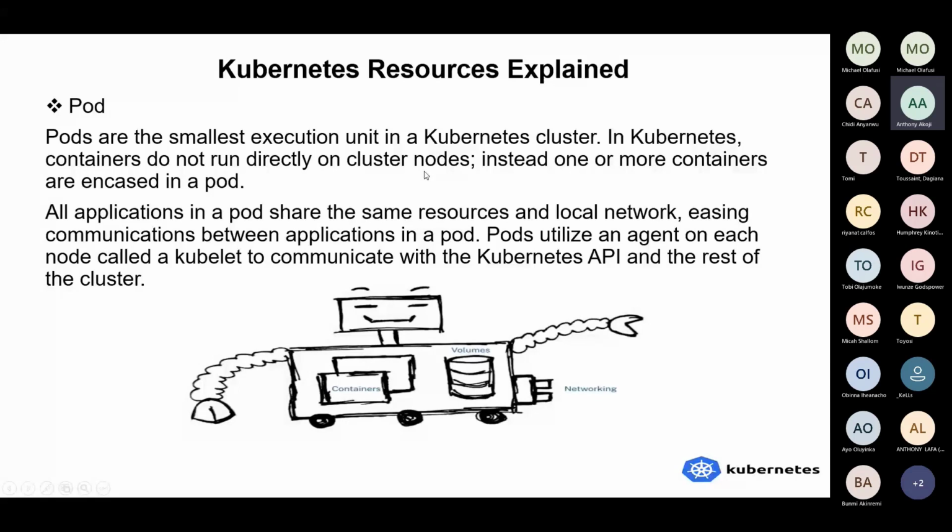Instead, one or more containers are encased inside a particular pod, and all applications in a pod share the same resources and local network for easy communication between the applications. A pod utilizes an agent on each node called kubelet, like I explained, to communicate with the kube API resources and the rest of the cluster.